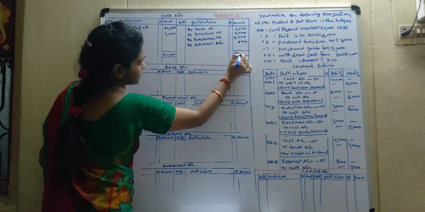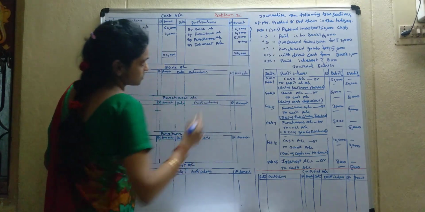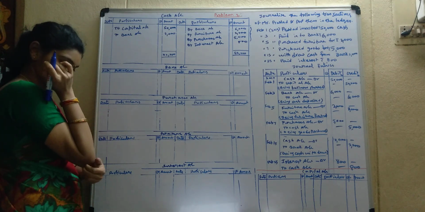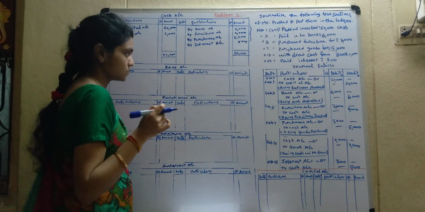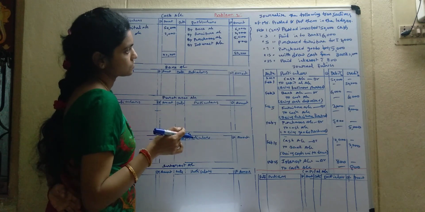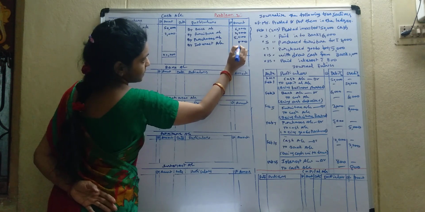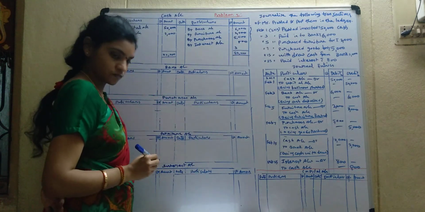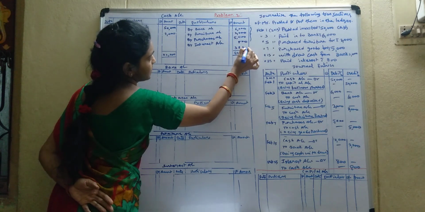52,000. What's the total amount? Balance 38,200.